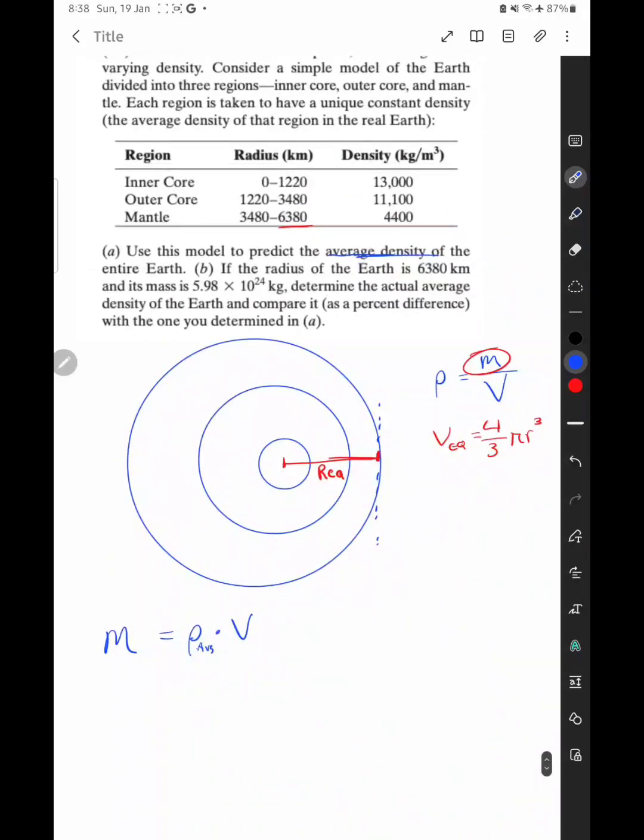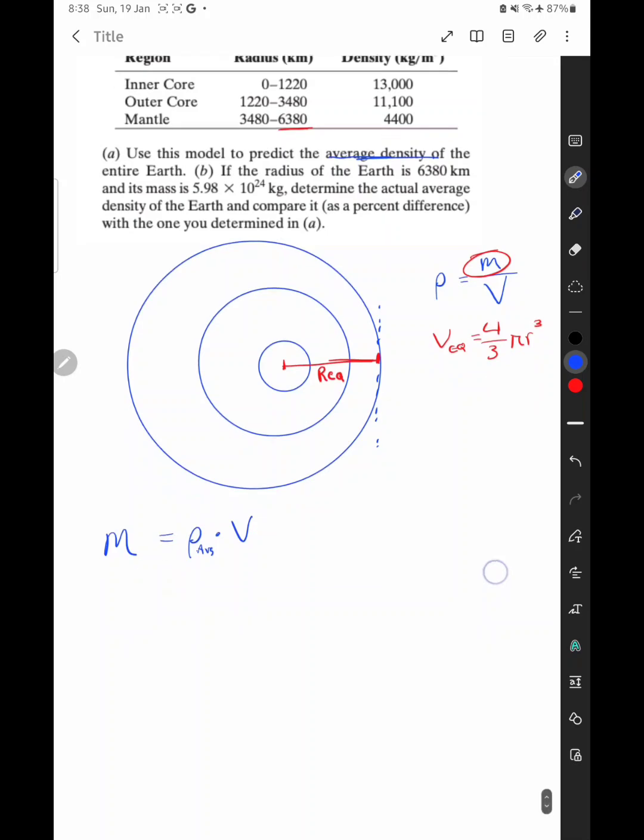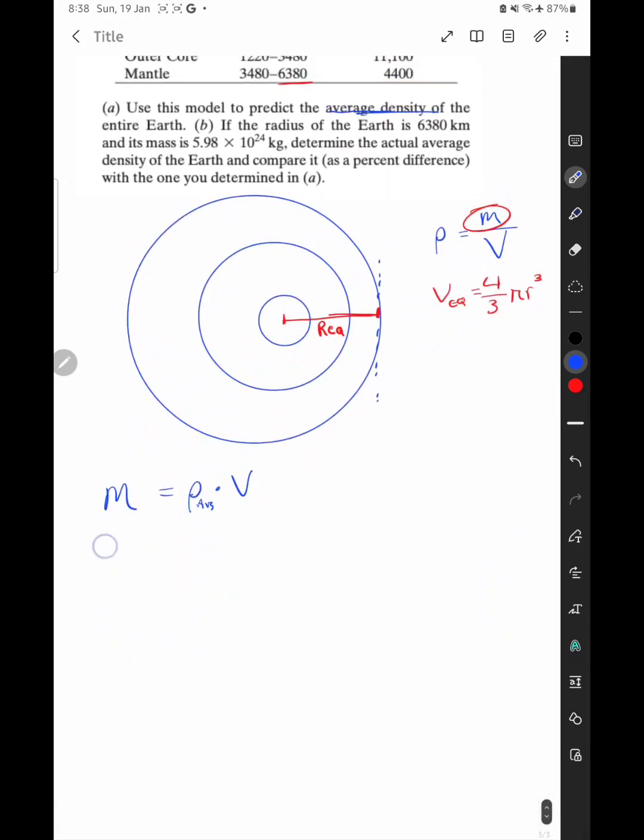But in this case, we have 3 shells, alright, which will give us 3 different masses. So we can find the total mass by saying MEQ, we're saying EQ for anything where we're finding the total of something. MEQ is equal to M1 plus M2 plus M3.